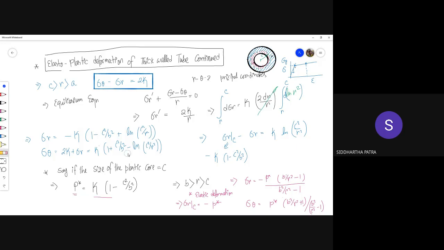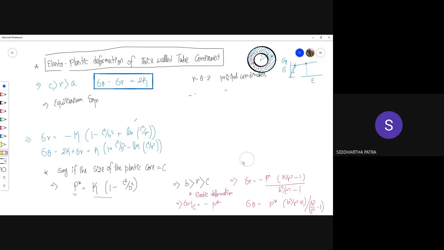So now what would we do? You see, we want to have a relationship established between the size of the plastic core and the applied pressure.